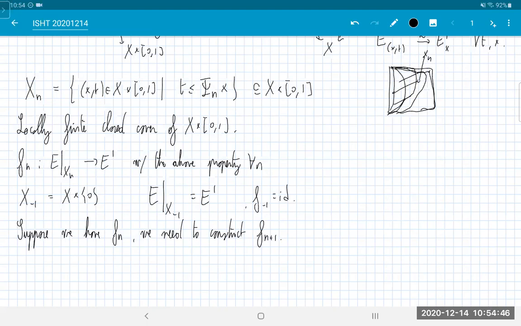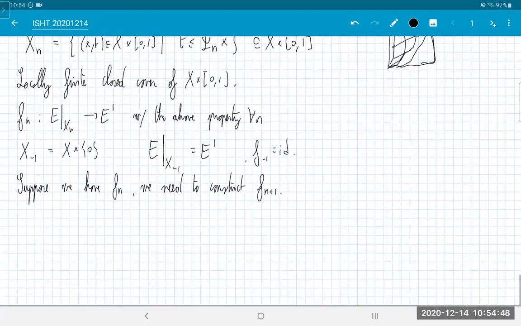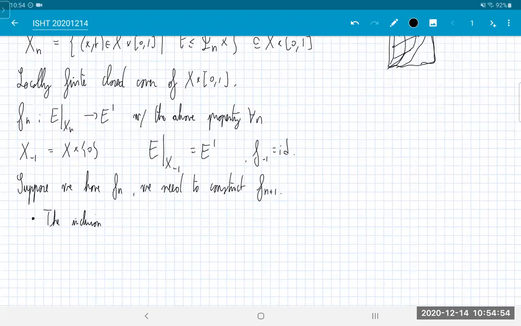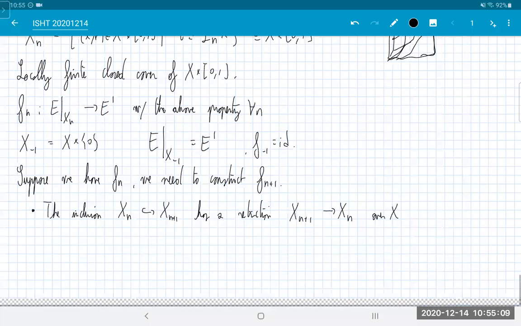And here is the point why I introduced this Xn. There are two important properties. The inclusion Xn into X n plus 1 has a retraction, X n plus 1 into Xn over X, that fixes the X component.